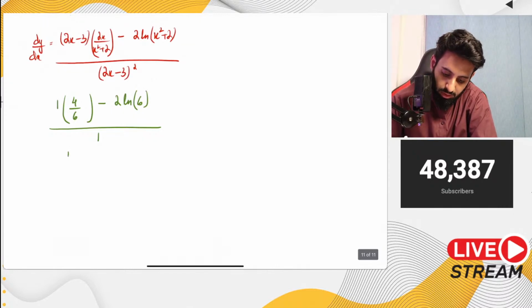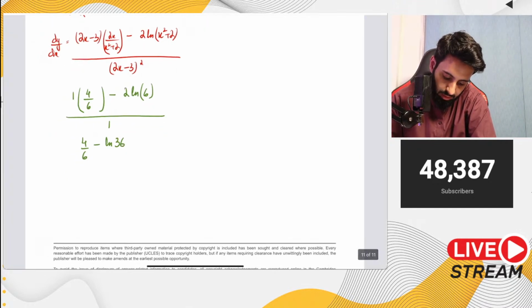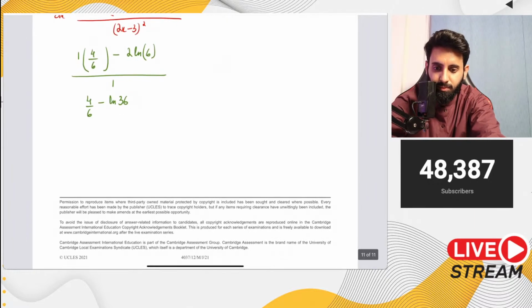4 upon 6 minus... Acha, who can tell me what just happened over here? How did this 2 ln 6 turn into ln 36? Who will tell me? What rule of logs have I used over here?